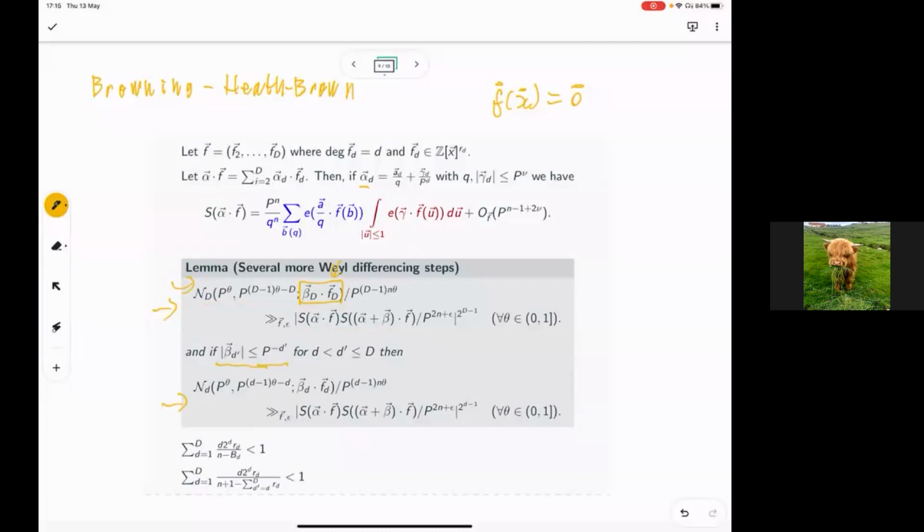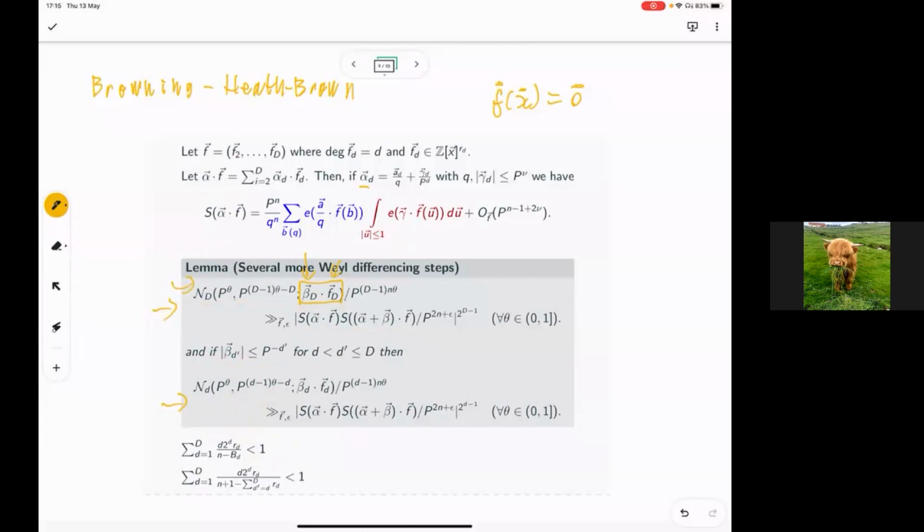And this turns out to be enough. The idea is to do a kind of induction where you first show that the displacement in the top degree part is small, and then go down and by induction show that the lower degree parts are small as well.